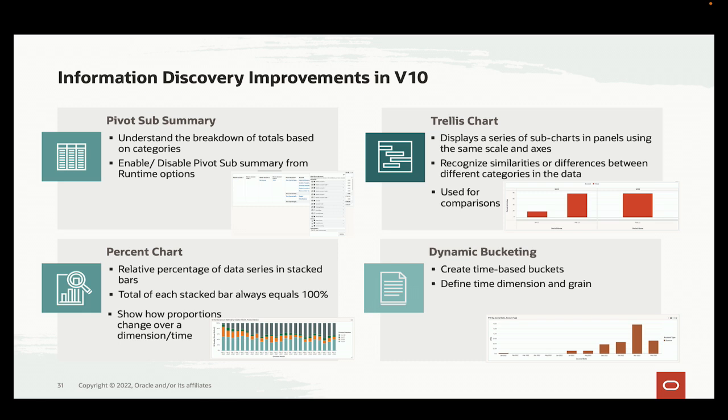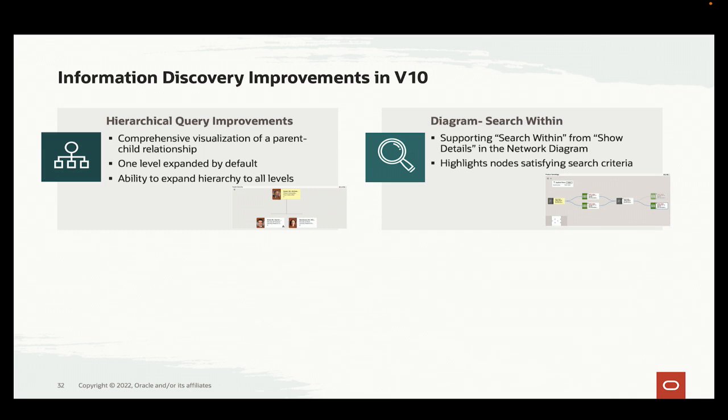We have the ability to show you data by percent instead of absolute values in the bar chart, so you'll be able to compare the trend of something diminishing or growing over time. And we have dynamic bucketing of data. You had the ability to bucket data in ECC for a while, but now, without having to do anything during the ETL process, you can do dynamic bucketing on the fly based on the time buckets.